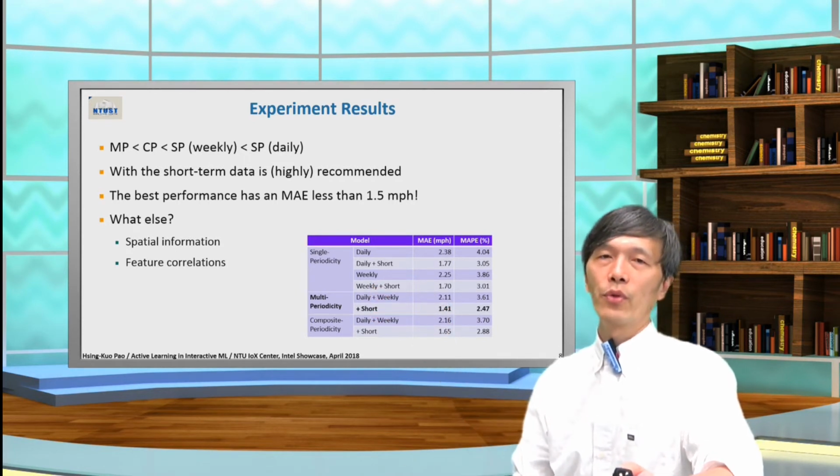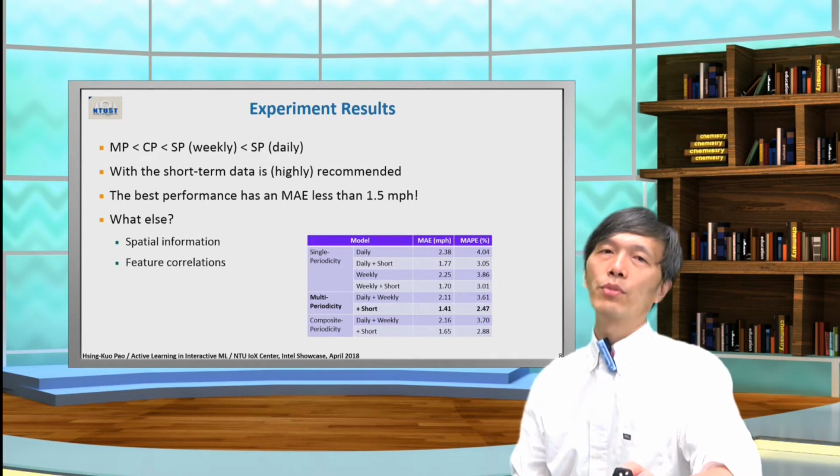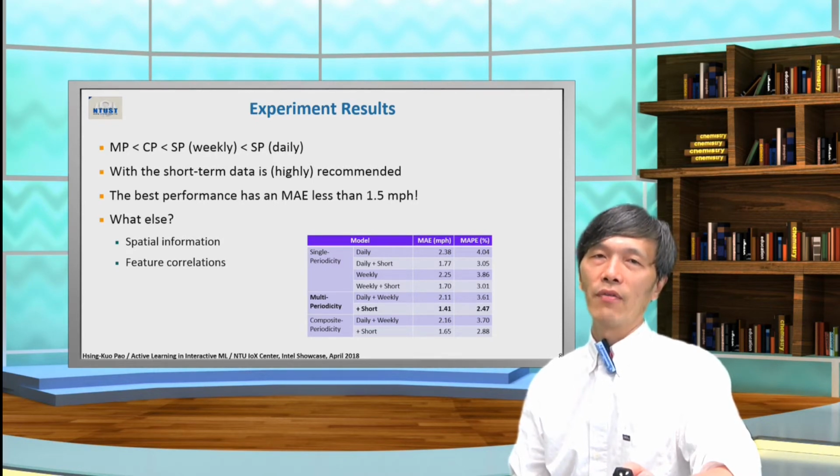For example, if we want to predict the traffic speed, then we can have the MAE, mean absolute error, of less than 1.5 miles per hour, which means that if the true value is, say, 41.5 miles per hour, our prediction could be 40 miles per hour. I think that the result is good enough for the real application.